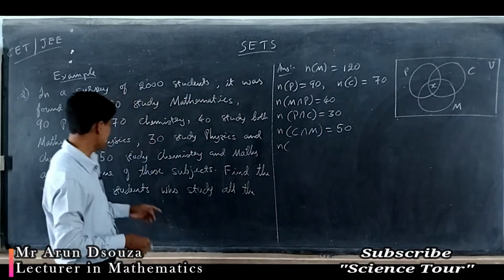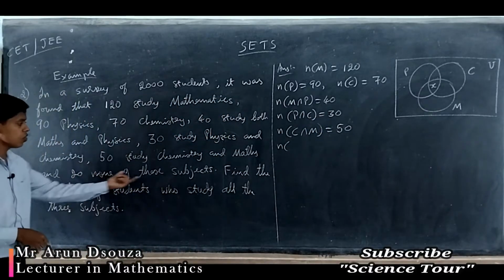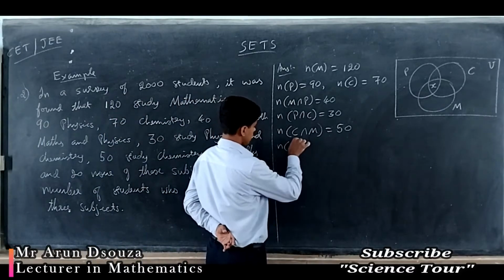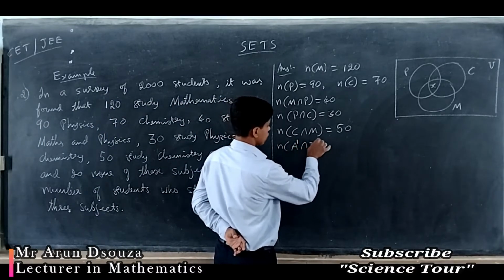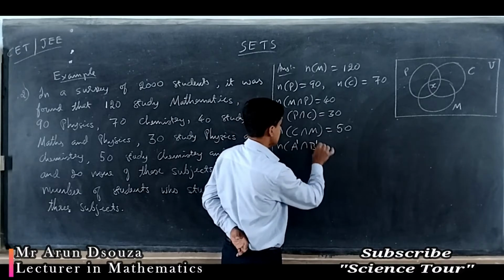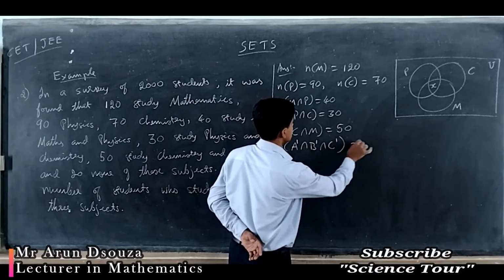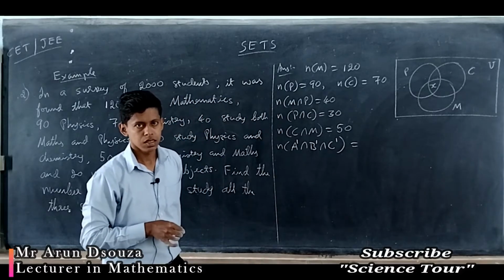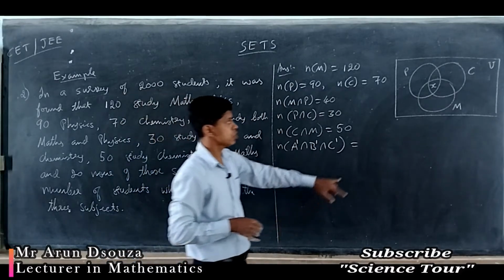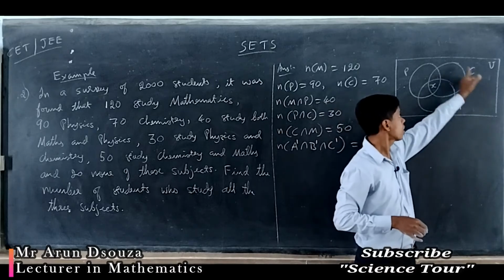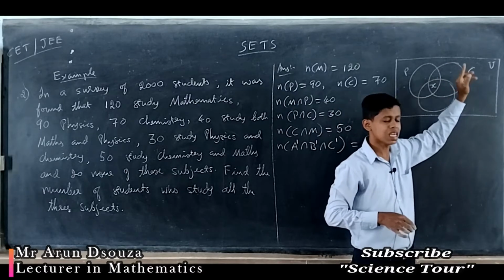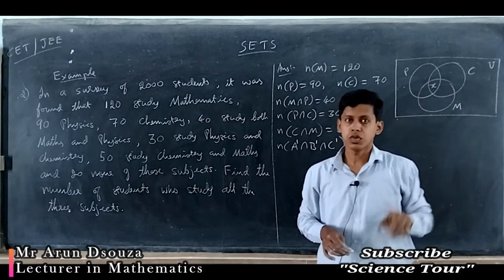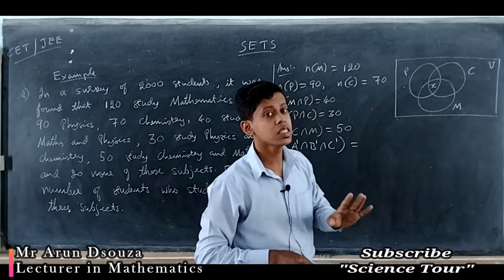We do not know what the intersection is, but what else we know? We know this 20, none of these. So what do you mean by none of these? None of these is not A and not B and not C. The eighth region, outside, none of these. So there are some people in the universal which are not in the union. Now union and universal are not equal in this question.